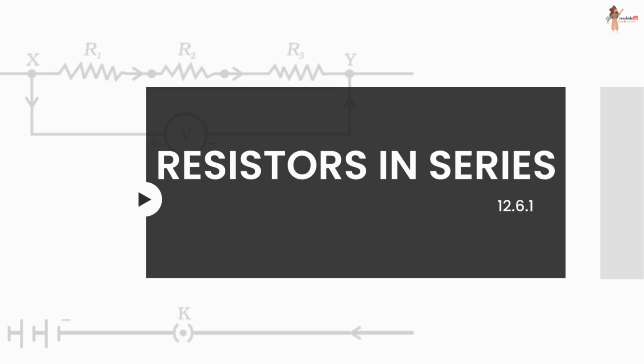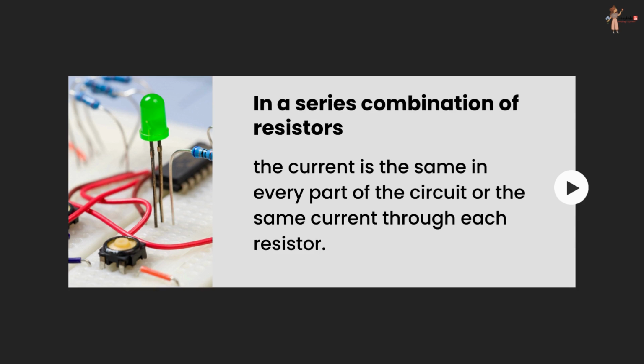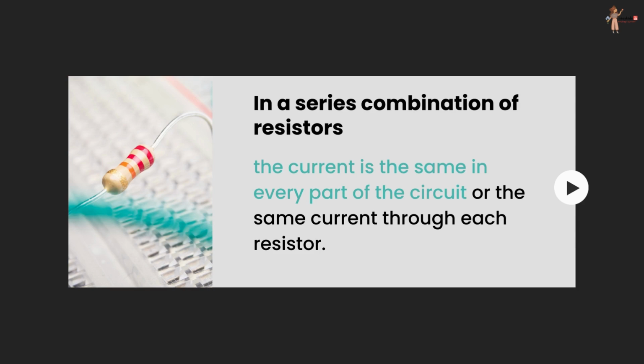Let's first see the resistors in series. What happens to the value of current when a number of resistors are connected in series in a circuit? What would be their equivalent resistance? These concepts are very important, so let us try to understand these. Firstly, in a series combination of resistors, the current is the same in every part of the circuit, the same current through each resistor.